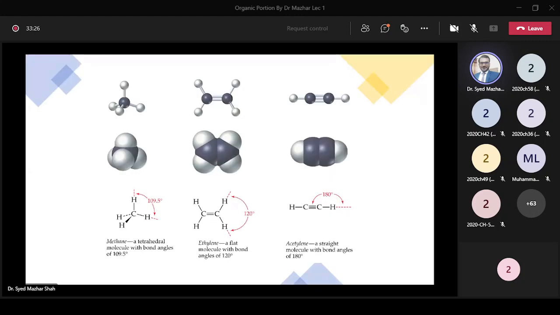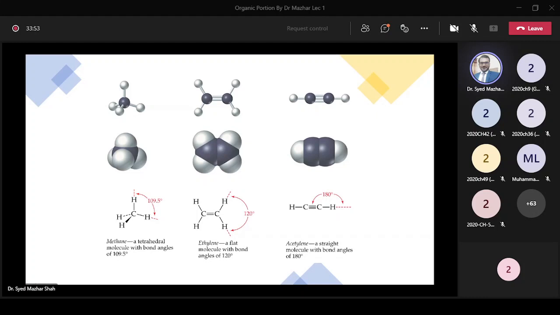And this is the general geometry of these three classes: alkanes, alkenes, and alkynes. You may have read about the VSEPR model of methane. What is the structure of methane according to the VSEPR model?